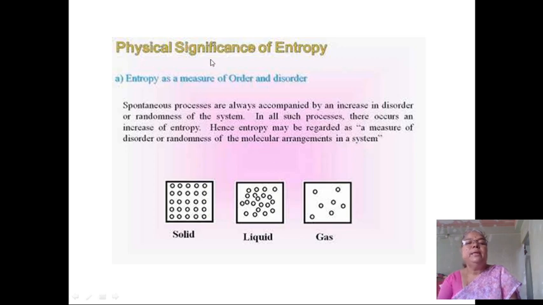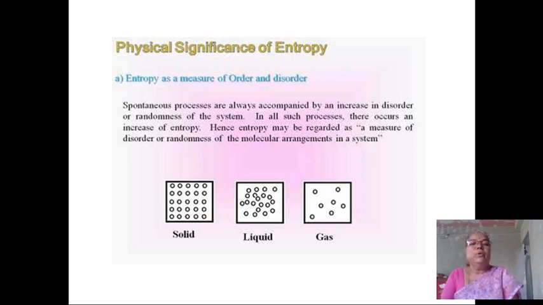Then the physical significance of entropy. The mathematical statement of entropy is ds equals dq divided by T. This equation does not tell us the significance of entropy, so what kind of information we get from the term entropy is explained with the help of the physical significance of entropy.